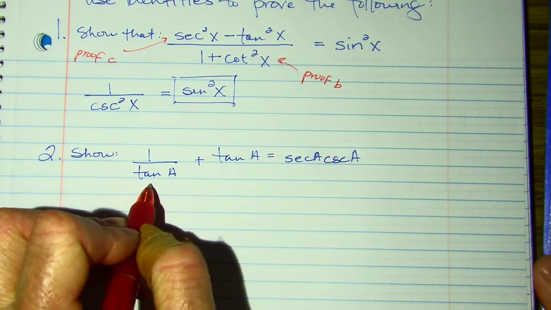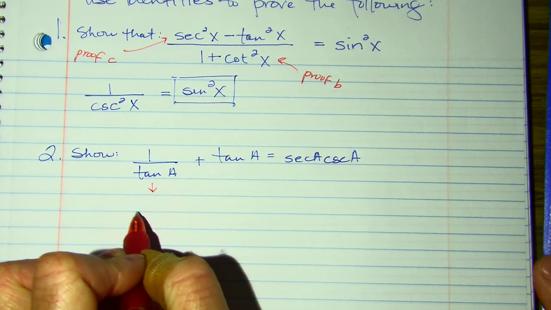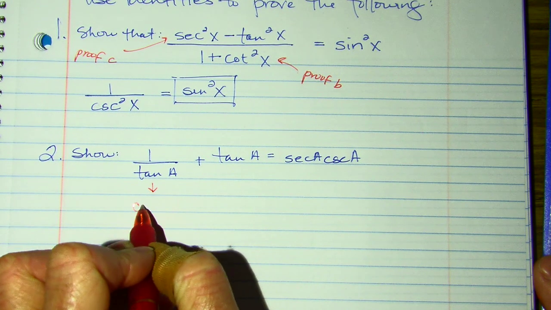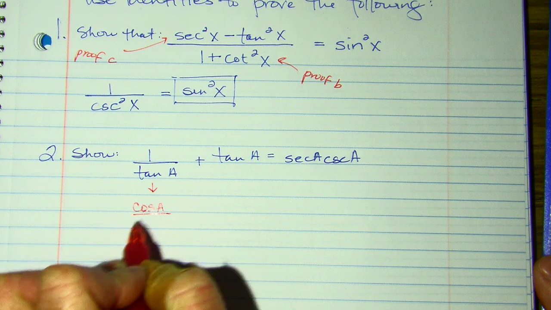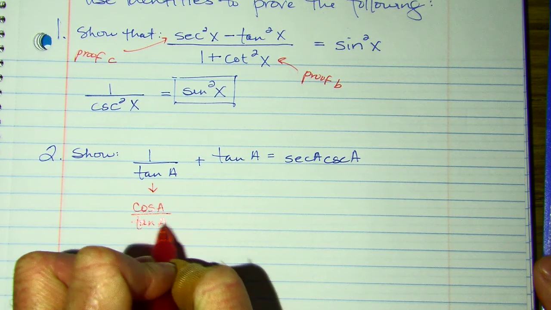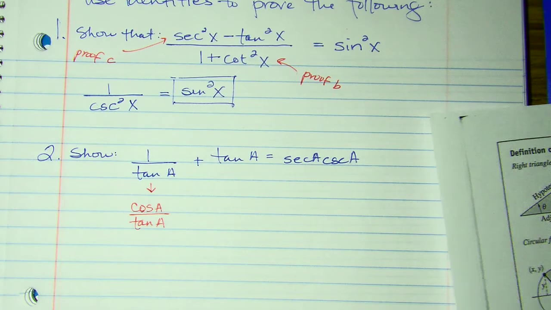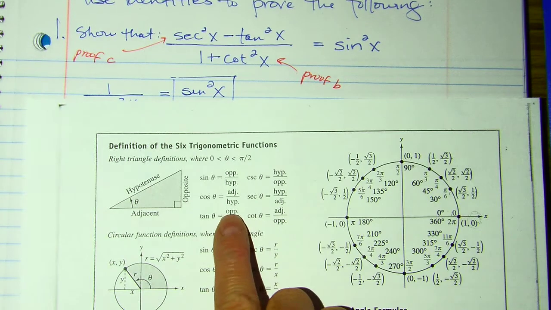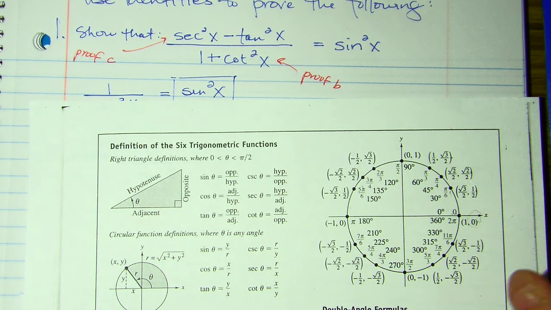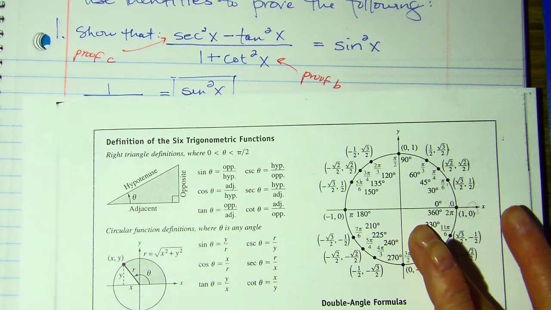I know that this has the same value as the cosine of A over the tangent of A. And I know that because, where did I write it down? I know that because tangent equals opposite. Well, it's not even written on here.